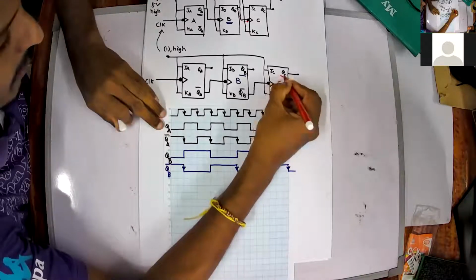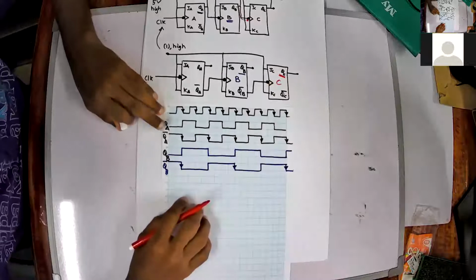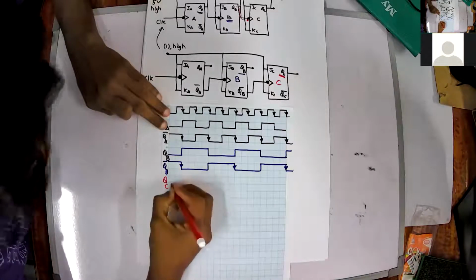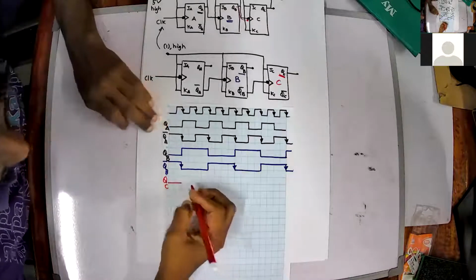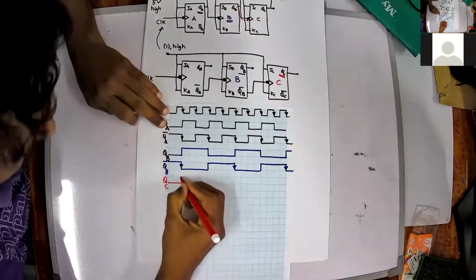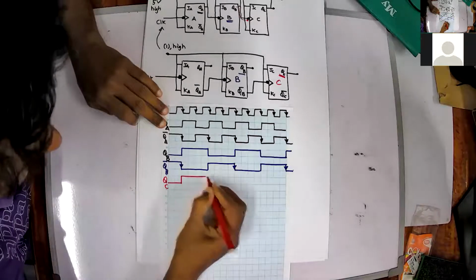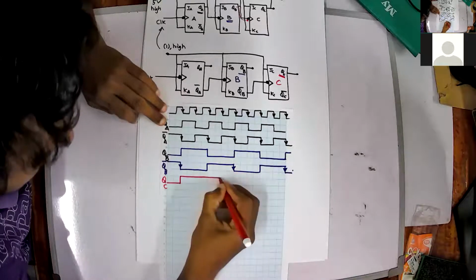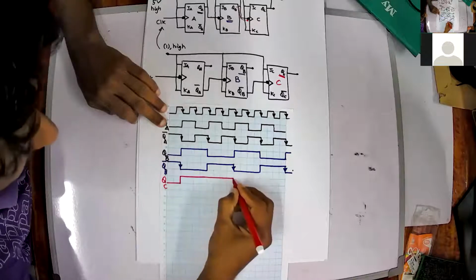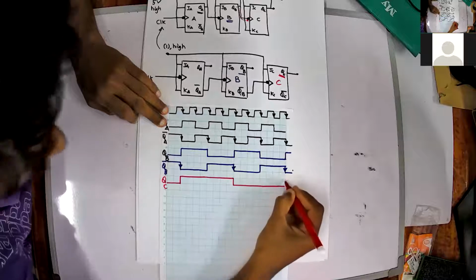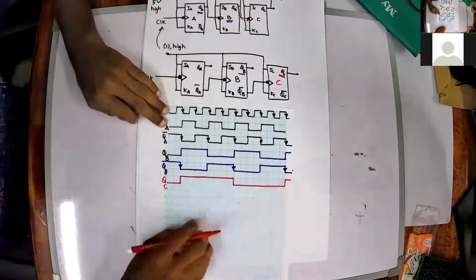But we can determine QC. So let's take QC here. Until I am receiving my first pulse, it is 0. Whenever I am encountering my first pulse, that becomes high, and then until I am receiving my next pulse, that maintains at high, and then it becomes 0, then it becomes 1.